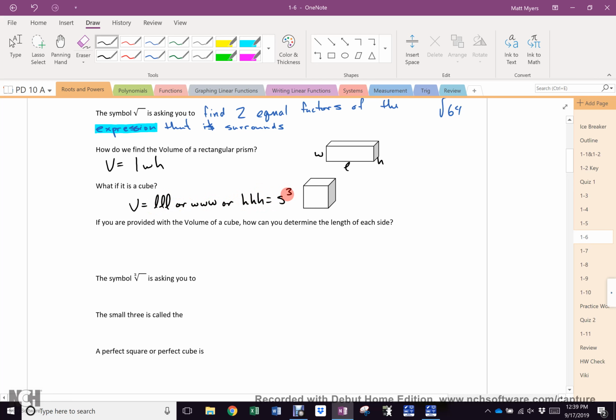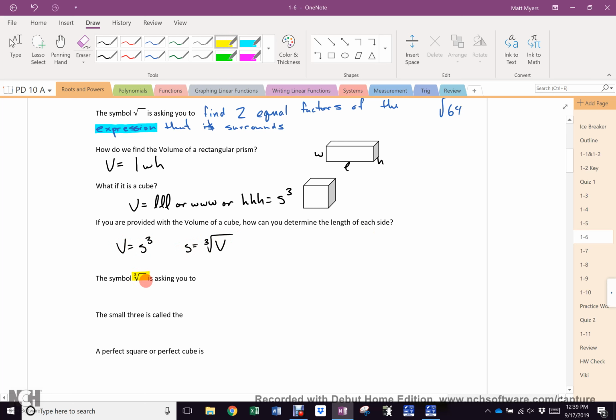Everybody good? Yeah, all right. If you're provided with the volume, how can you determine the length of each side? Well, you're smart kids. Area was the square root of each side. So what must it be? Cube root. Volume equals side cubed. Side equals the cube root of volume. Yeah? Yeah.